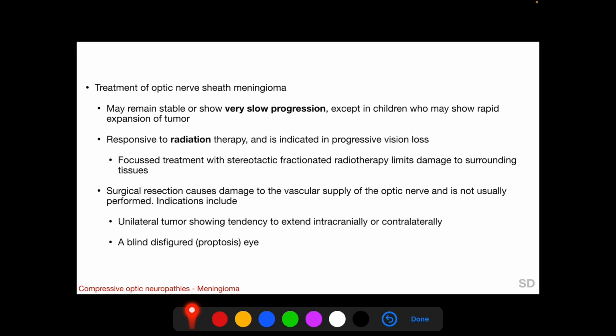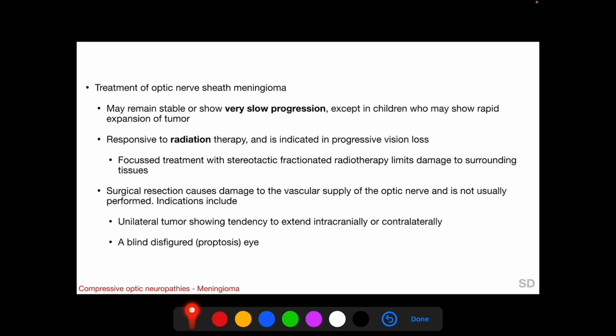So how do we manage optic nerve sheath meningiomas? Optic nerve sheath meningiomas may remain stable or show very slow progression. This is their characteristic. They show very slow progression, except in children who may show rapid expansion of the tumor. However, meningiomas happen less commonly in children. It is responsive to radiation therapy, and radiation therapy is indicated in progressive vision loss.